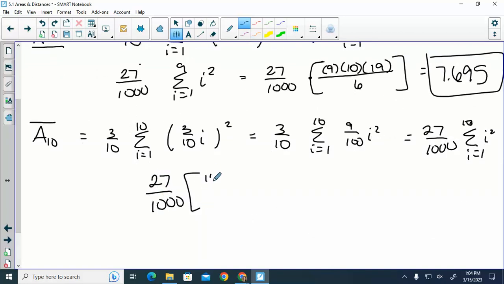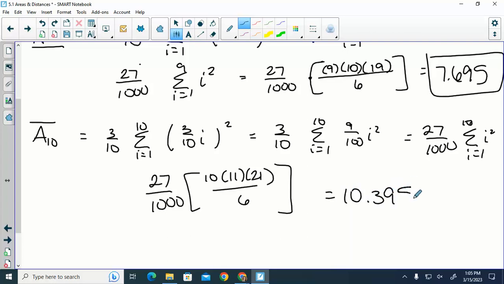I squared formula n times n plus 1 times 2n plus 1 over 6, and we get 10.395. Same thing we got yesterday. So we will practice using that more tomorrow. I just wanted to show you how we can use the summation rules with what we have so far.